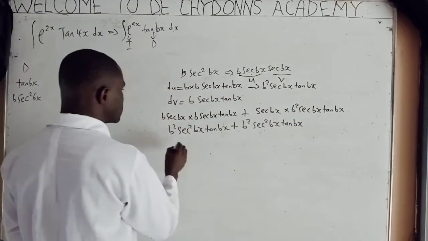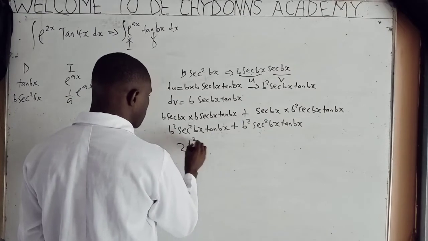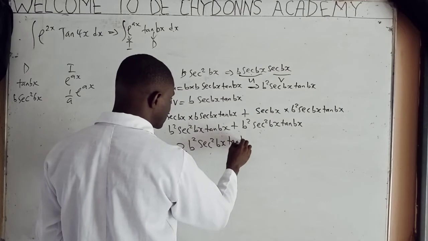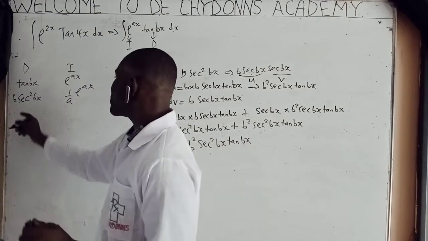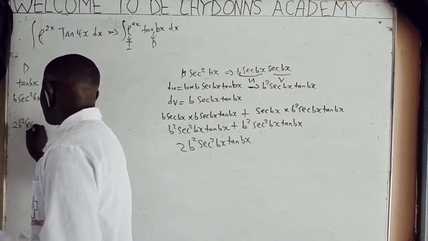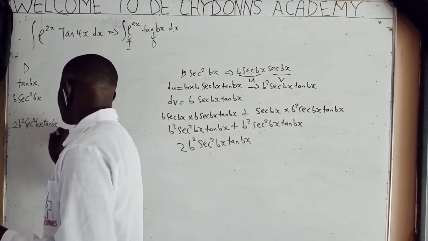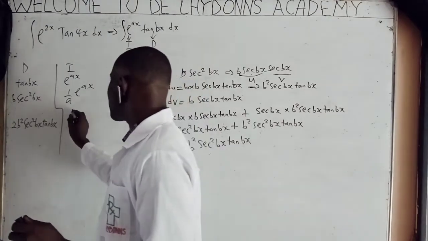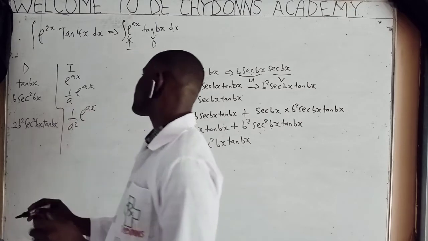Then when you add the two, because everything you have here is the same, it will be giving 2b square sec square bx tan bx. Then integrate this: 1 over a square exponential ax.